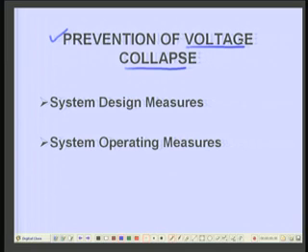Now, here we will divide our discussion into two different headings. One is the system design measures, that is, when you design the system, you take care so that it has an inherent stability margin. And then next is operating measures, that is, when your system is already there, how to operate the system so that the voltage collapse is avoided.